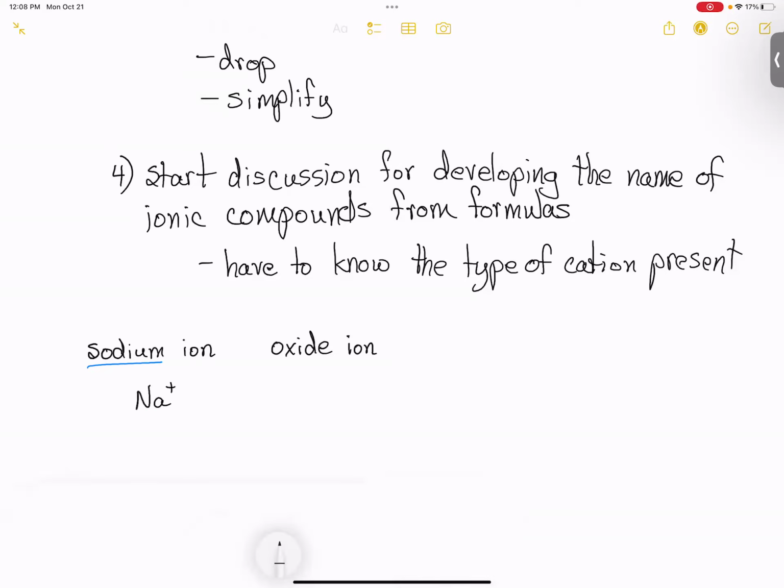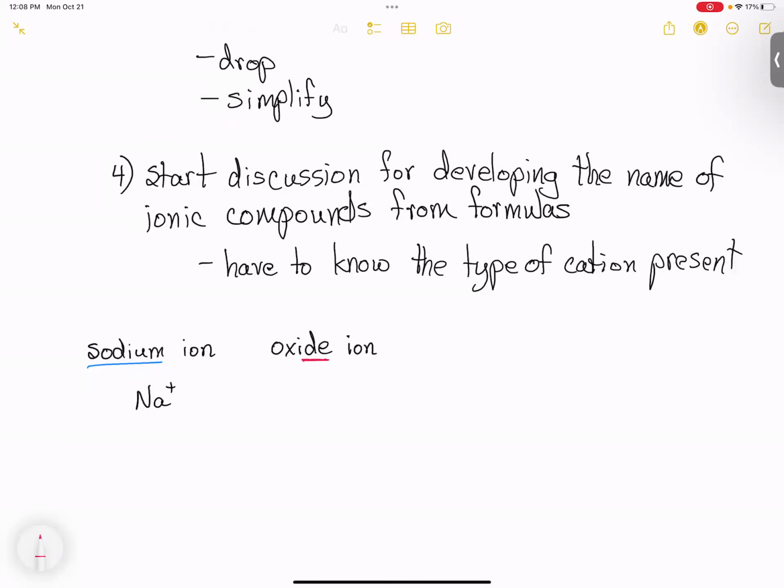The next thing I note is this IDE. And what did I say IDE always tells you? It's a negative charge, but what else? It's an anion of an element.